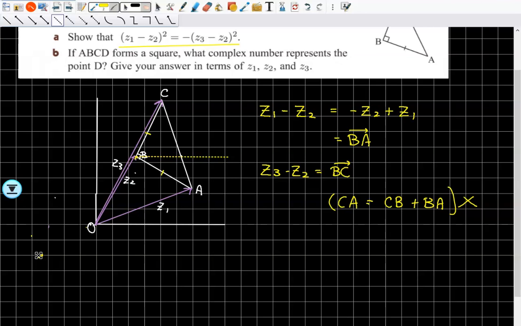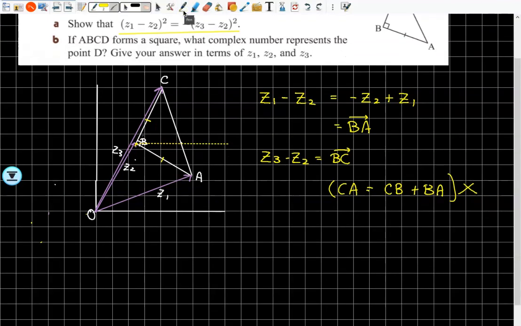Okay, and I am going to let this angle here, the argument of BC, be theta. Are we happy with that?